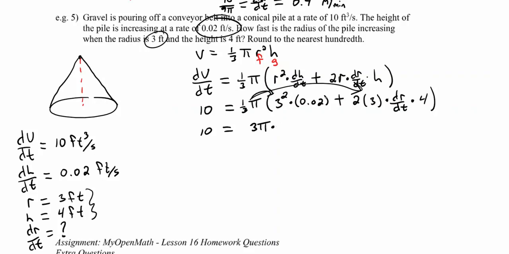And the next part, I'd like there not to be a decimal, so let's write that decimal as a fraction instead. That would be 2 over 100. Plus 2 times 3 times 4 divided by the 3 I'm bringing in, which gives 8 pi, times dr/dt.